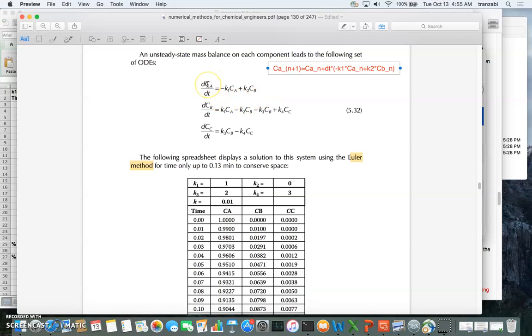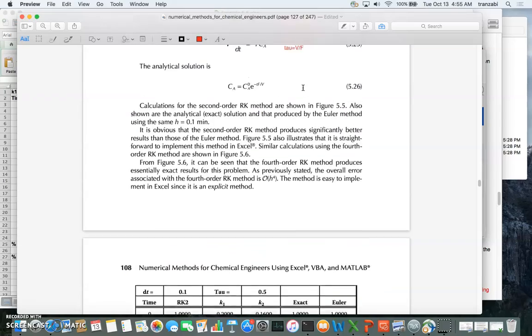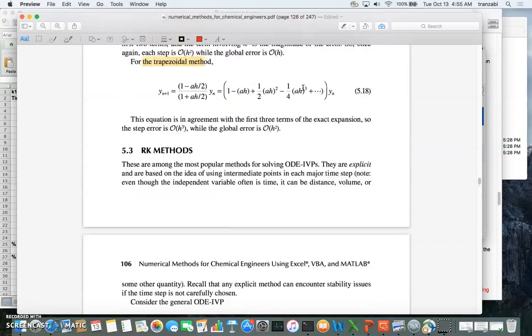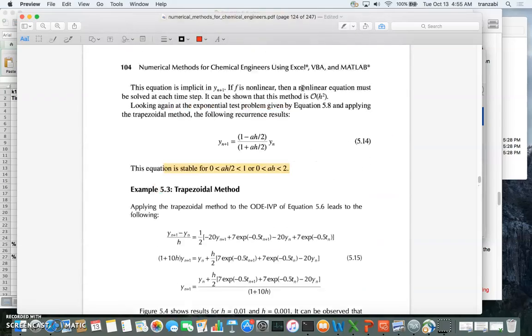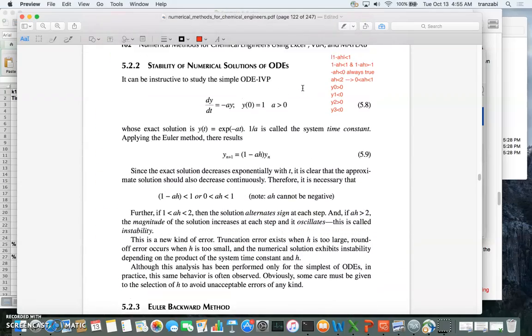So this was discretized using Ca n plus 1 minus Ca n divided by dt, but I just did a cross product. I multiply both sides by dt and then move Ca n to the right side. Anyway, so this is exactly like the generic form we had for forward Euler, which is on equation, let me see, right here.